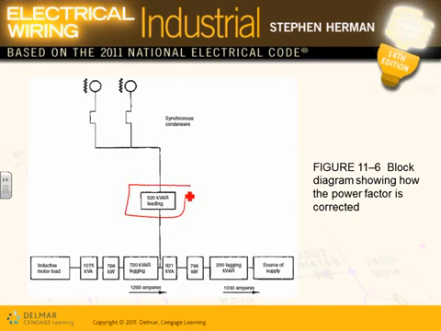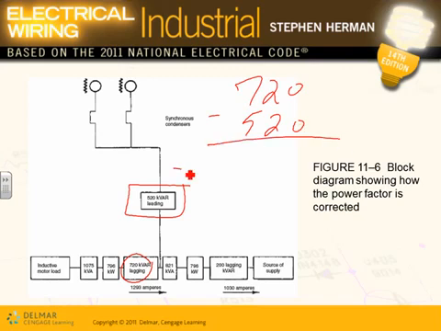We're correcting up to 520 kVAR, and I have a lagging amount of 720. So you subtract these 2 values from each other, and you've got yourself 200 kVAR.